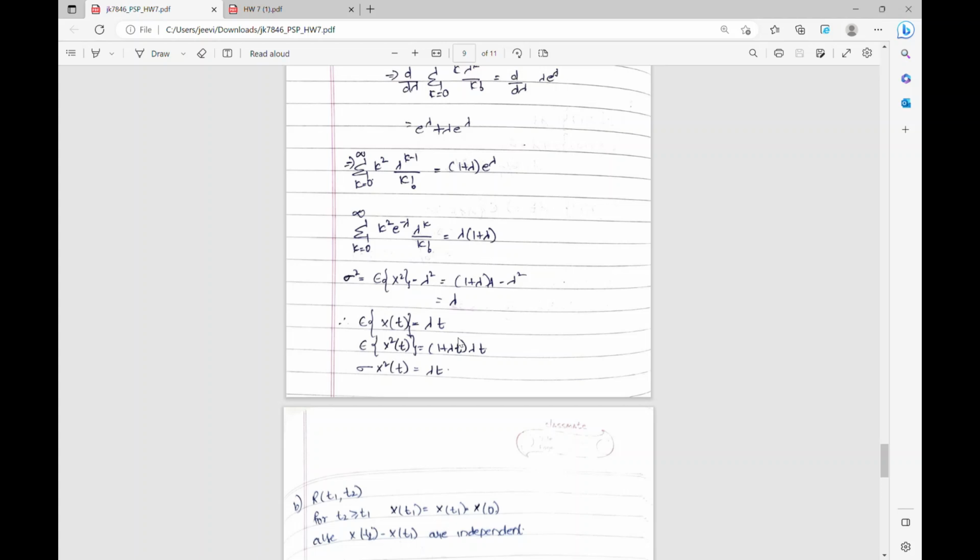Therefore, the expected value of x(t) is equal to lambda t. The expected value of x square(t) is equal to (1 plus lambda t) into lambda t, and sigma square of x(t) is equal to lambda t.